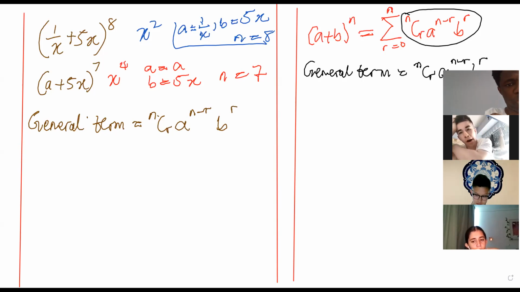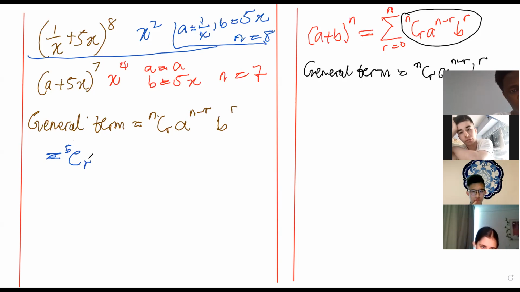So for the one in blue, which is the first one, the general term will be n combination r, a raised to power, my a is 1 over x, raised to power n minus r.